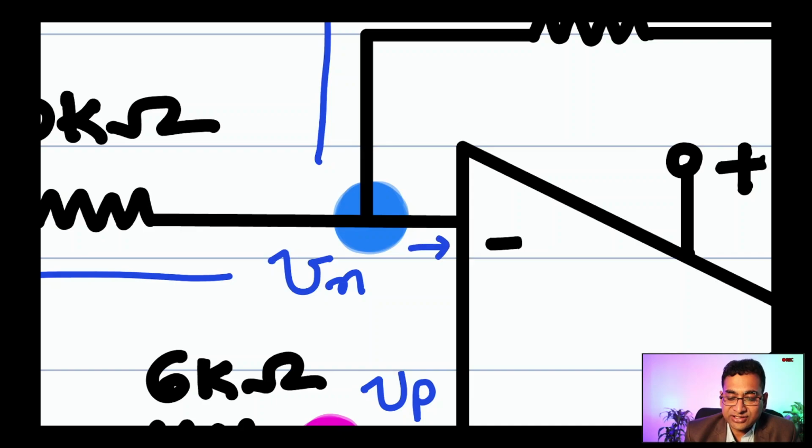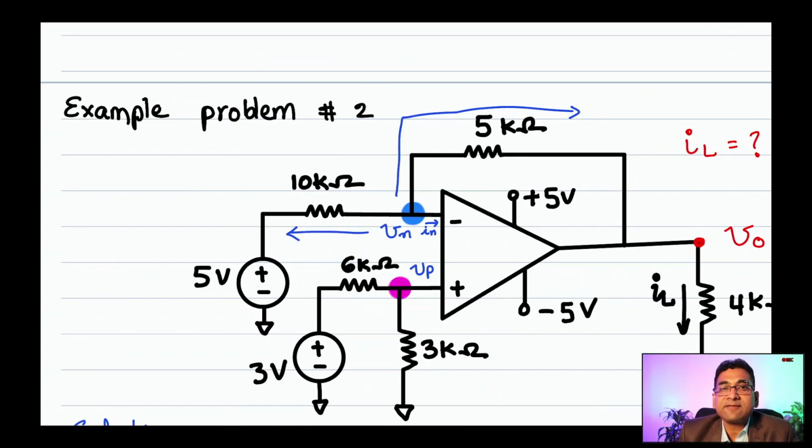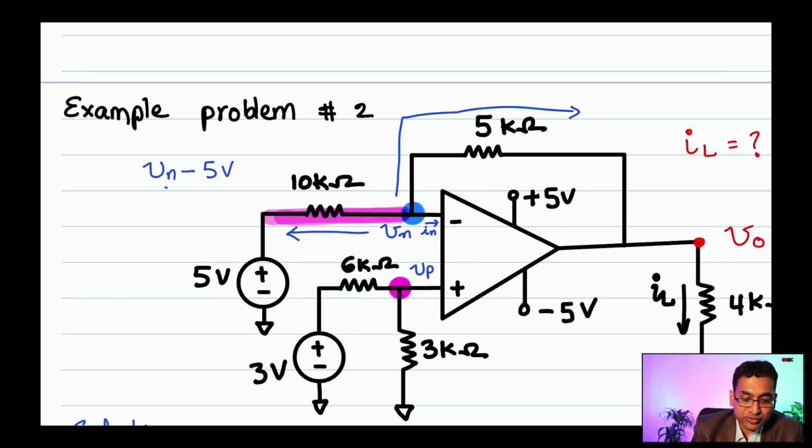There are 3 branches, IN, and 2 other branches, one going to the left and the other going to north and then eastward direction. The current flowing in this branch would be simply Vn minus 5 volts by 10 kilo ohms.